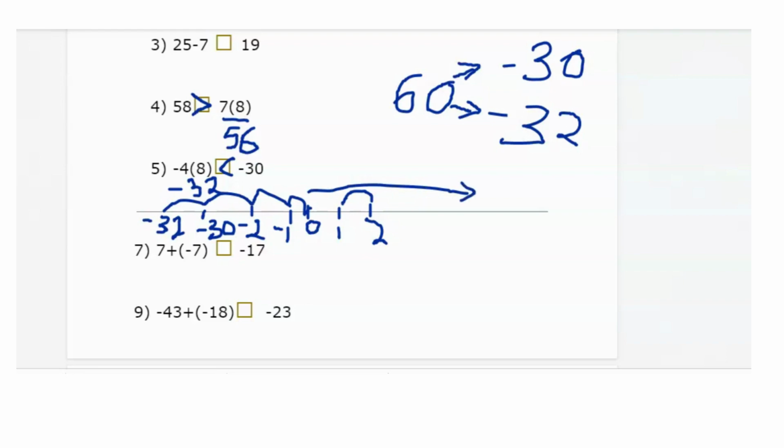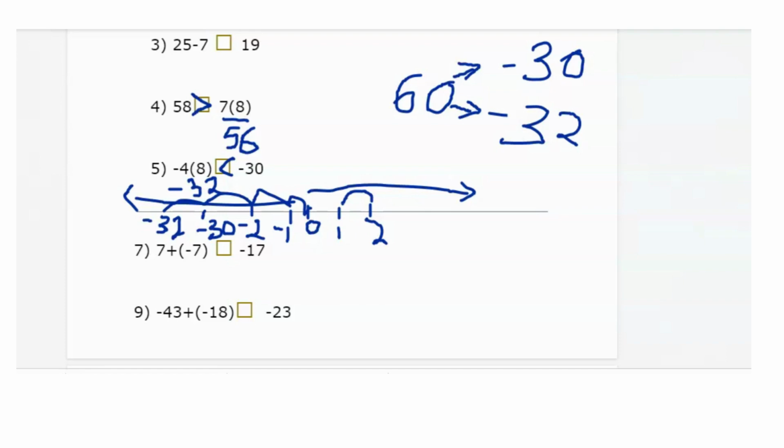In subtraction, the lower you go, the lower it is. If you're going down, the more you go down, the more you subtract. In addition, if you're going up, the more you climb, the more you add. So all I'm saying is just to let you know that -32 is less than -30. So now you have 7 plus -7.